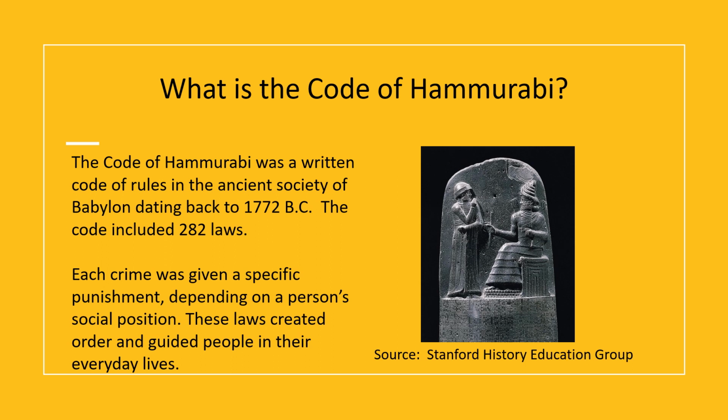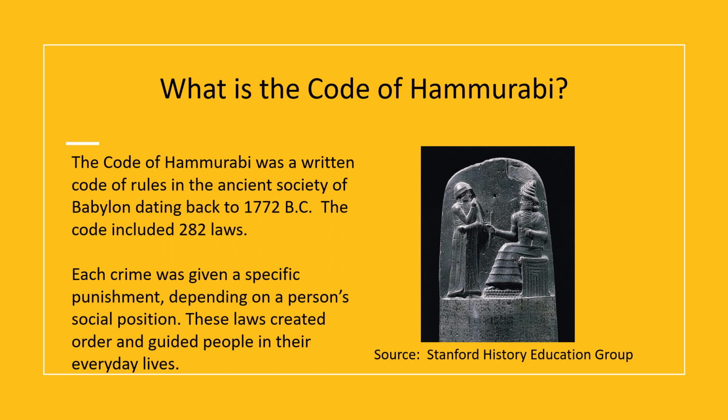The code included 282 laws. In this Code of Hammurabi, each crime was given a specific punishment depending on a person's social position. These laws created order and guided people in their everyday lives.